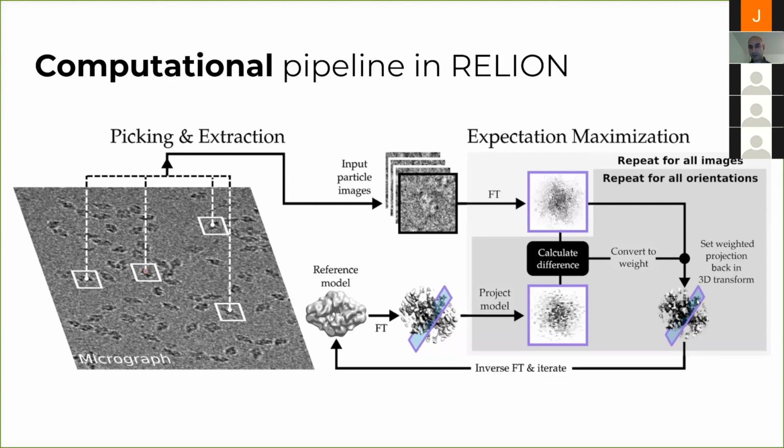That's the expectation step, and then you use that back projected information, that statistics, in the maximization step, where you convert this into the next guess for your model. And then you plug this back into the start of this cycle, and you do this iteratively, and eventually, if the theory is correct and everything is done right and your data isn't too bad, you will get to a high resolution reconstruction, hopefully seeing side chains or at least secondary structures. That's the idea.